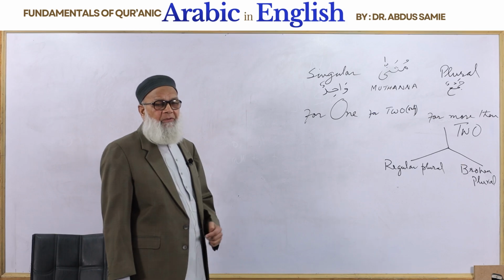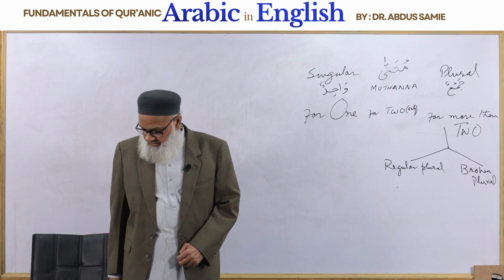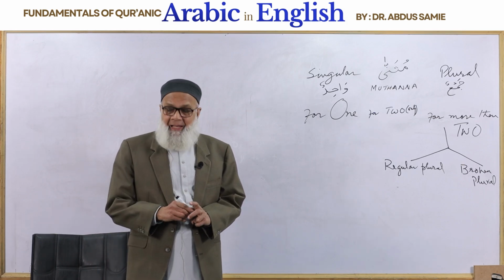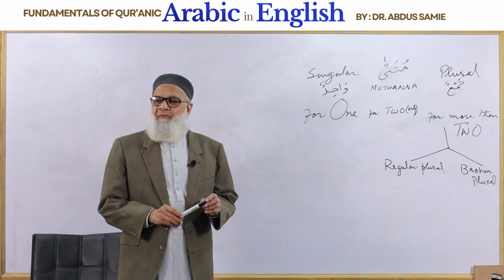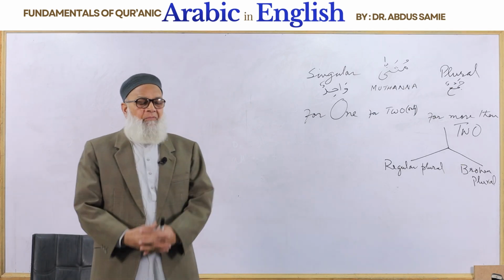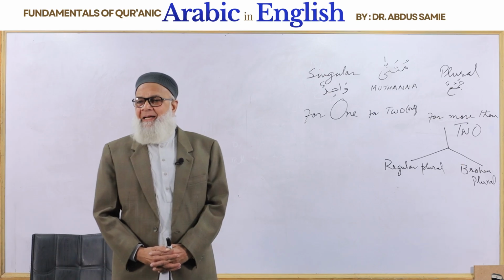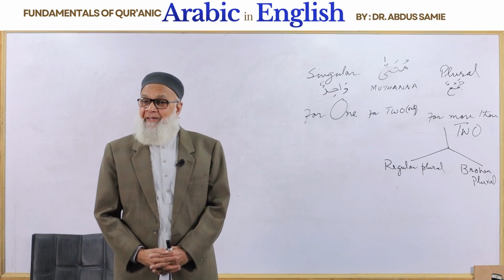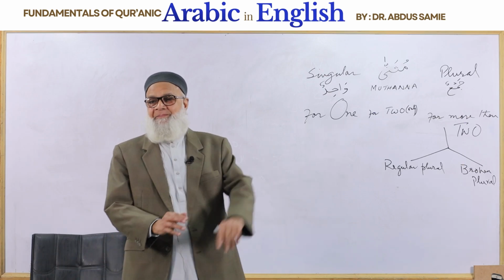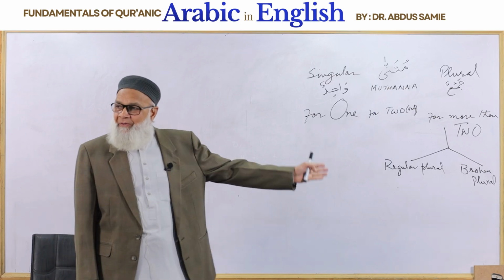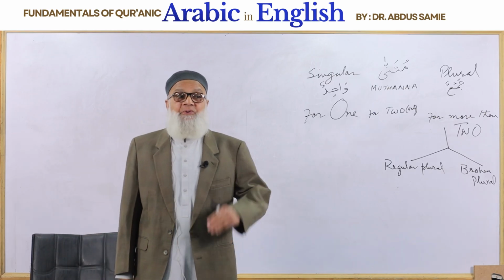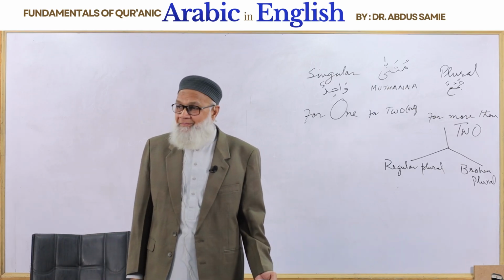Regular plural is like in English, you have two types of plural forms in English. One type is by addition of s or es at the end of the singular form. This is regular plural, usual form of plural.